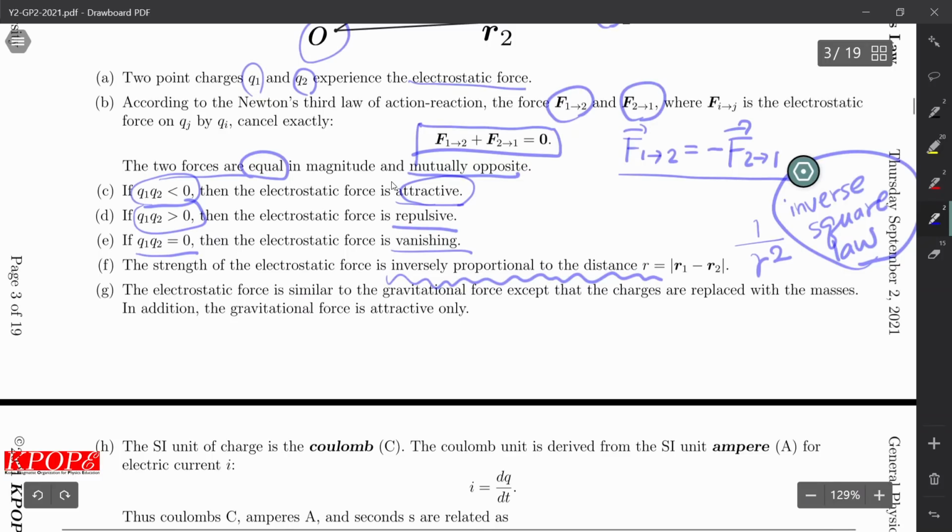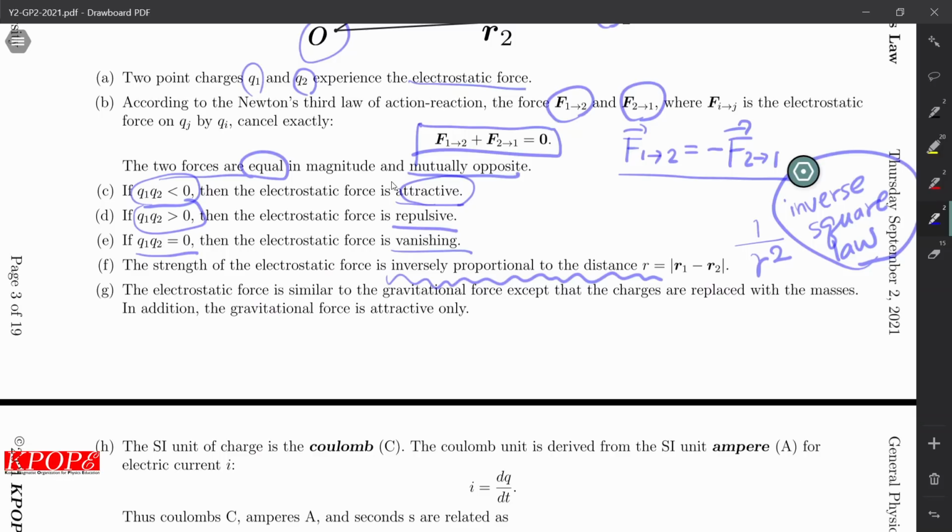Next, the electrostatic force is similar to the gravitational force, except that the charges are replaced with the masses.